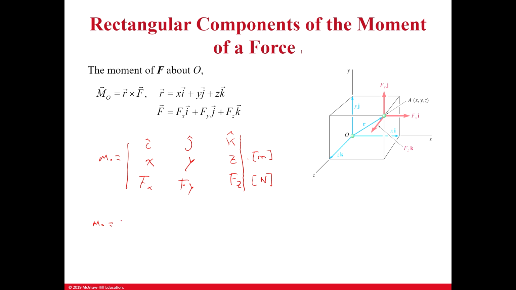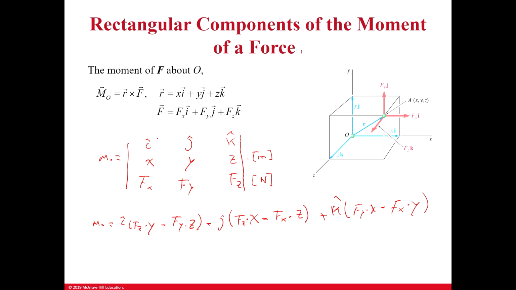Hence, the solution is i multiplies Fz times y minus Fy times z, minus j multiplies Fz times x minus Fx times z, plus k multiplies Fy times x minus Fx times y.